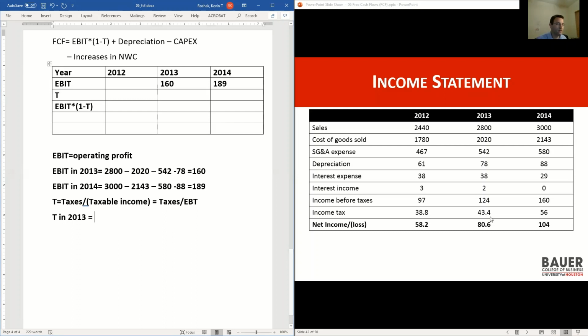In 2013, that was 124. That's your income after everything except taxes. It's just before taxes. Everything else is included. So we paid 43.4 in taxes, and we had taxable income of 124. So we get a 35% tax rate. And in fact, if you do this in 2014, you would get the same thing. You would get 56 divided by the 160 is also equal to 35%.